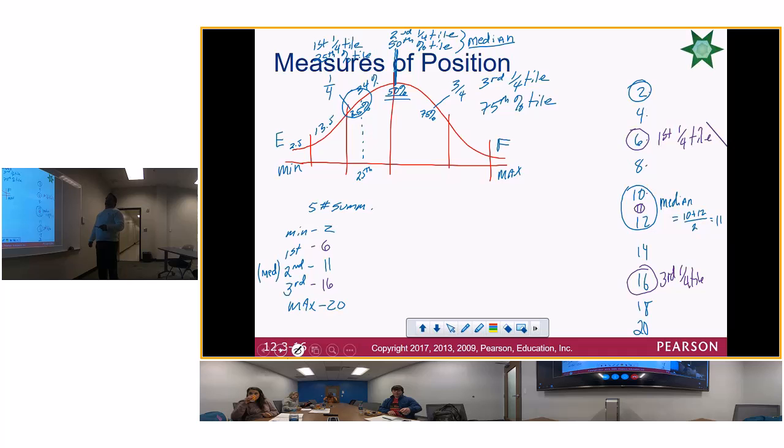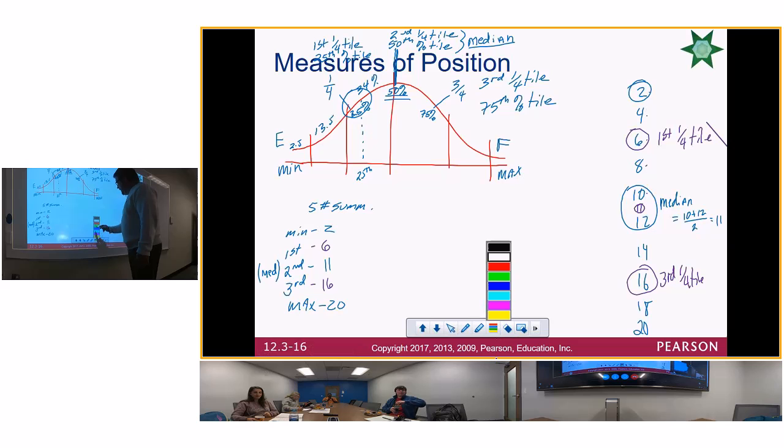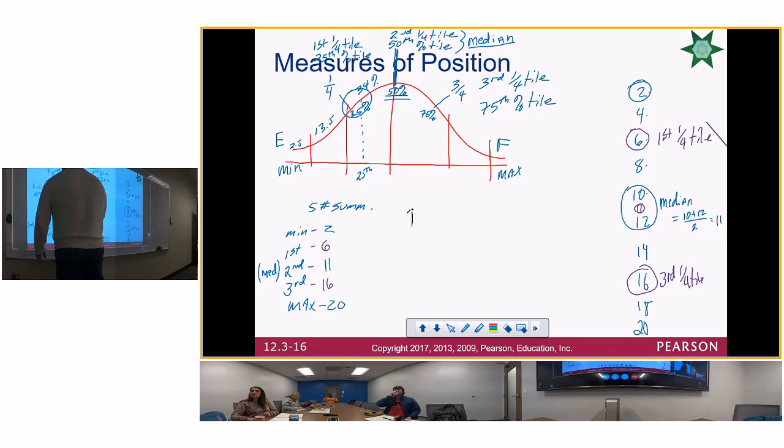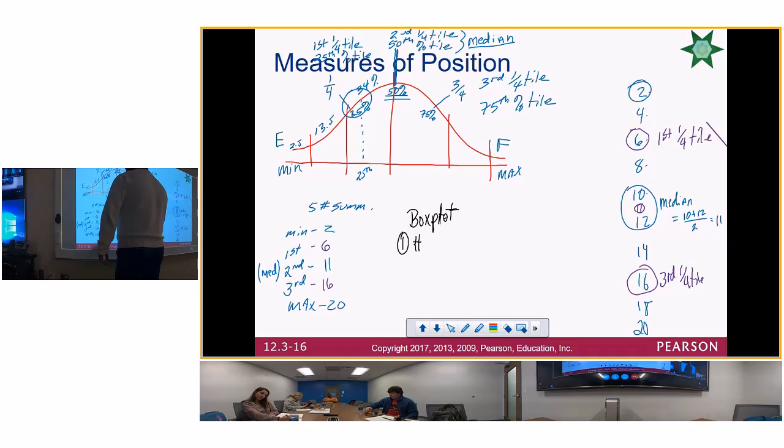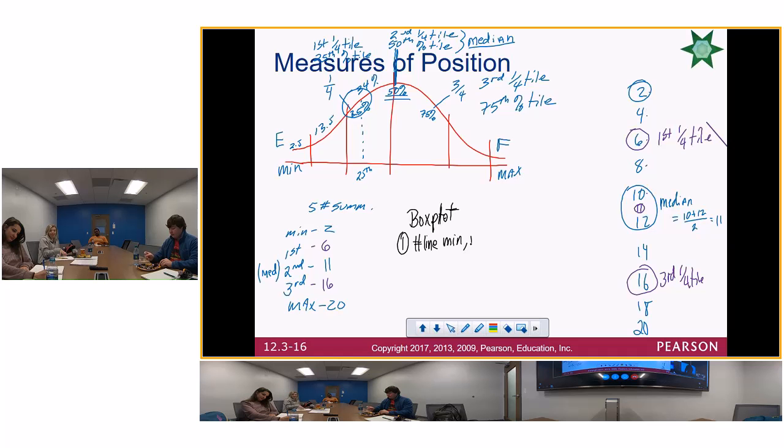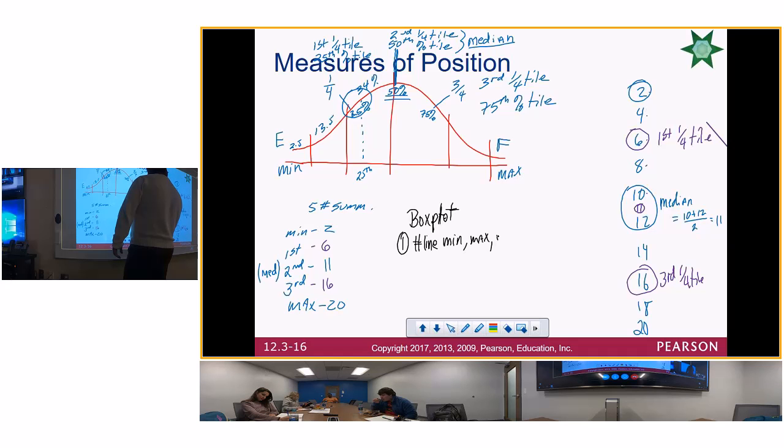Now, there's 2 parts to a box plot. There's part A, which is the number line. I'm going to put this in black. Box plot, that's right, box plot. There's 2 parts. The first part is the number line, which contains the min, the max, and the midpoint.